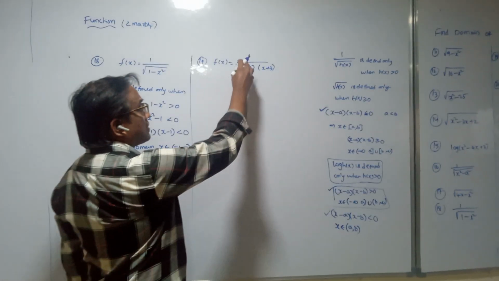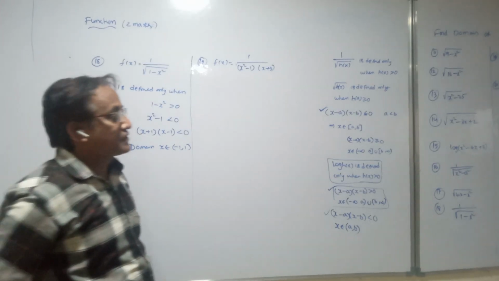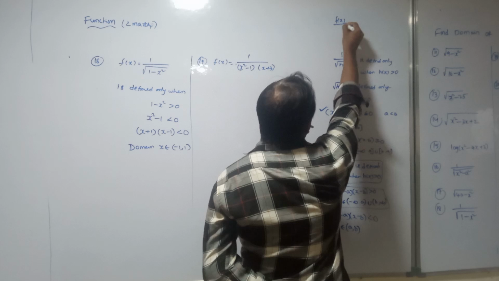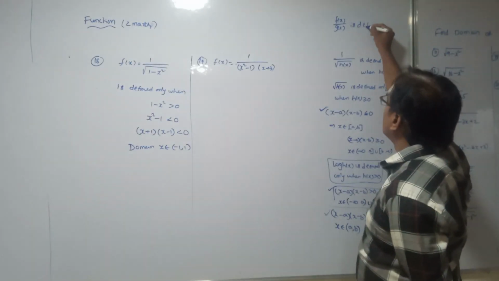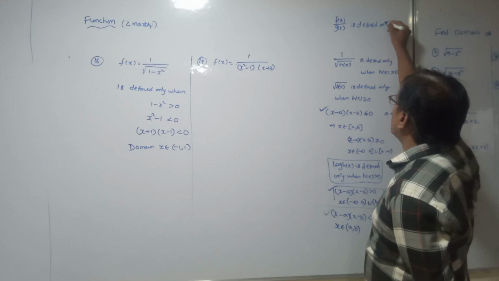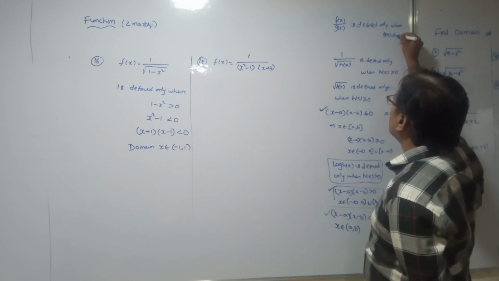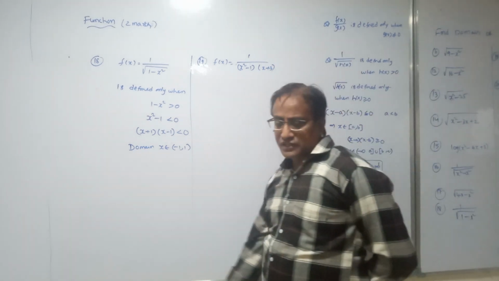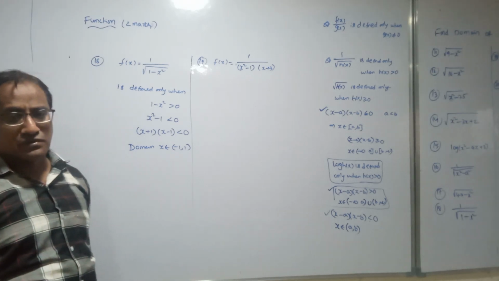Now, these are called rational functions. Rational functions will be in this form, f of x by g of x, and are defined only when g of x is not equal to 0. So rational functions are defined only when the denominator is not equal to 0.